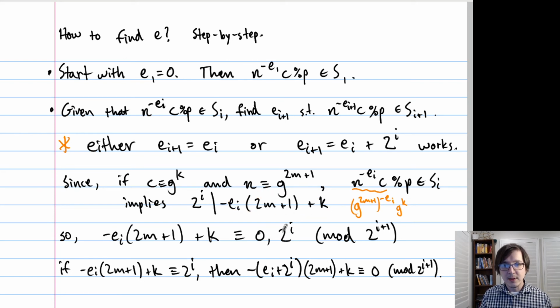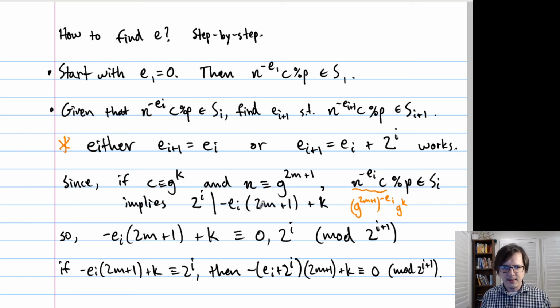And as we've established, elements of S_I are powers of G whose exponent is divisible by 2 to the I. So we get this divisibility relation, which you can also think of as saying that the right-hand side is congruent to 0 mod 2 to the I.